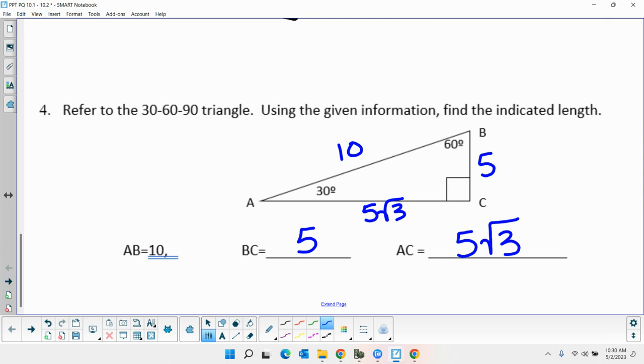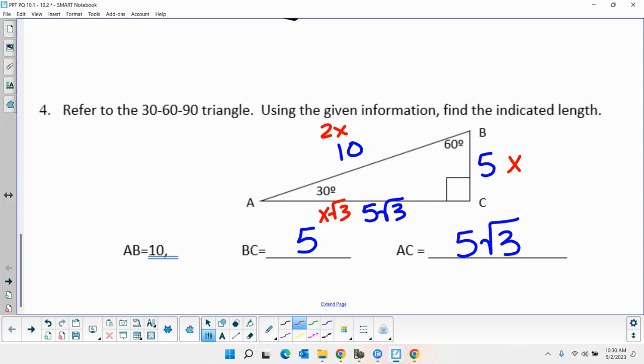Thanks. Drew. Got a question. So for AB, since it's 10, but the formula is 2 times x. So would it be 2 times 5 equals 10? Right. Okay, I was curious. Right. When I showed you, this was 2x, this was x, and this was x radical 3, right? Yeah.